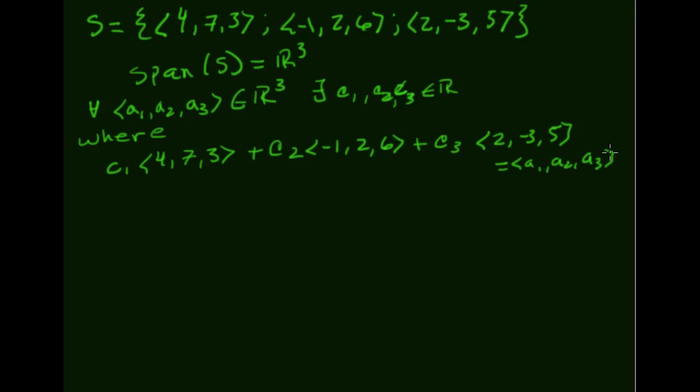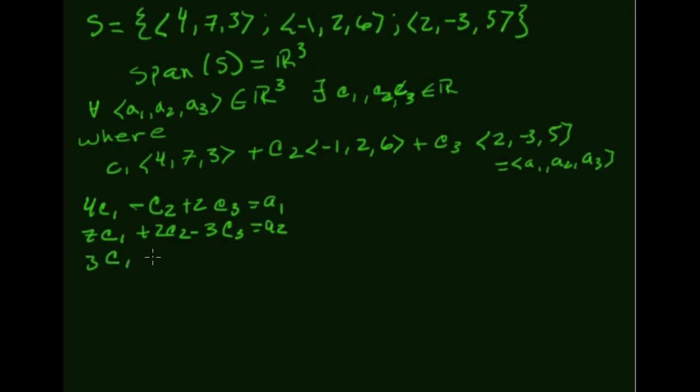All right, so there's a system of equations to this. 4C1 minus C2 plus 2C3 would equal A1. 7C1 plus 2C2 minus 3C3 would equal A2. 3C1 plus 6C2 plus 5C3 is going to equal A3.